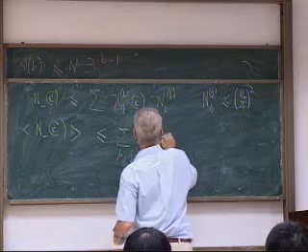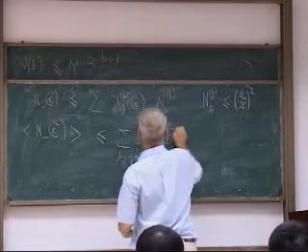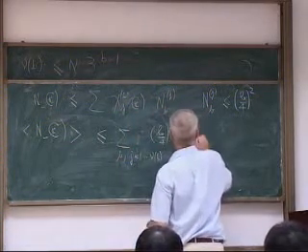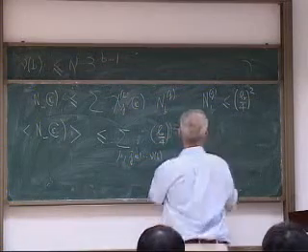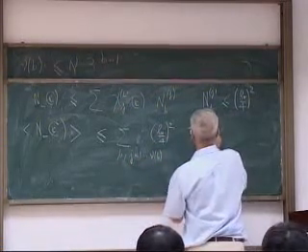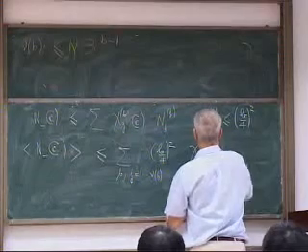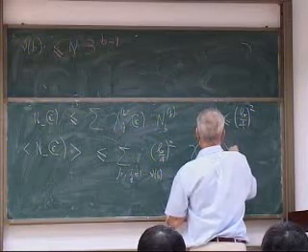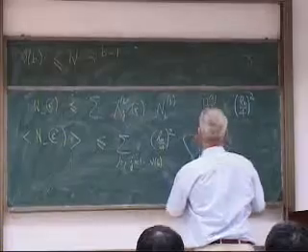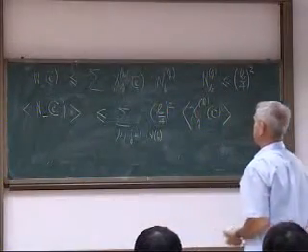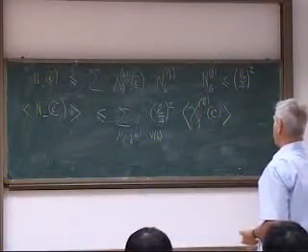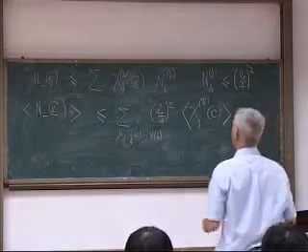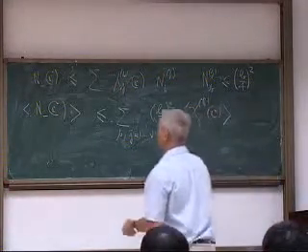This I replace by its bound. And here I have the expectation value of chi j b of c. Chi j b of c means the following.